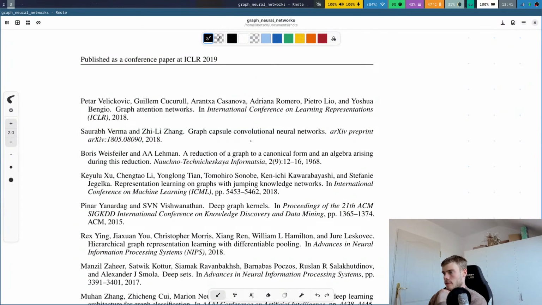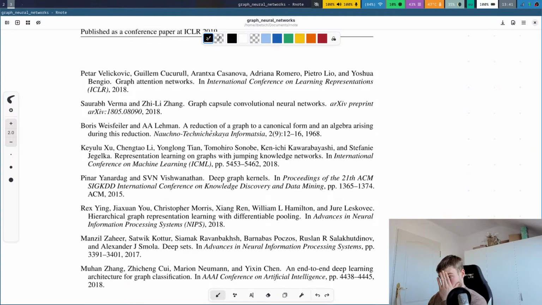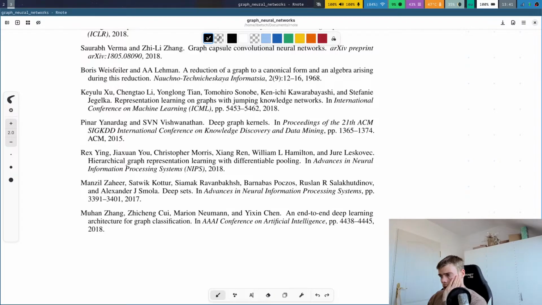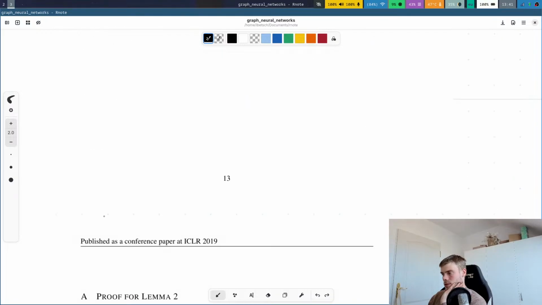Then they have a reduction of a graph to a canonical form, representation learning on graphs with jumping knowledge networks, whatever. Hierarchical graph representation learning with differentiable pooling, deep sets, an end-to-end deep learning architecture for graph classification.